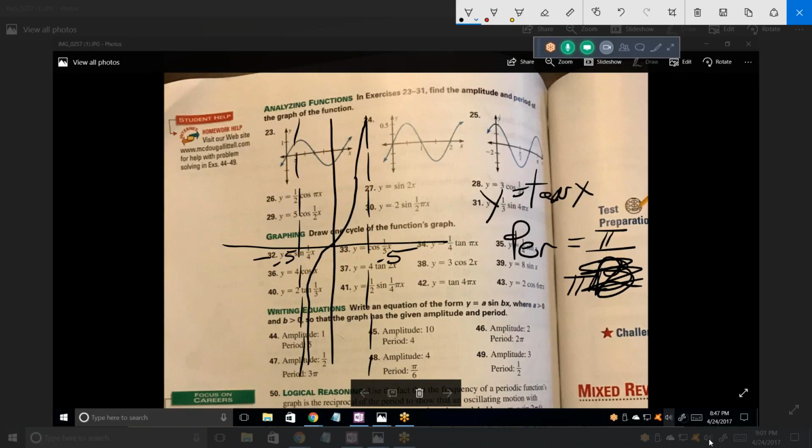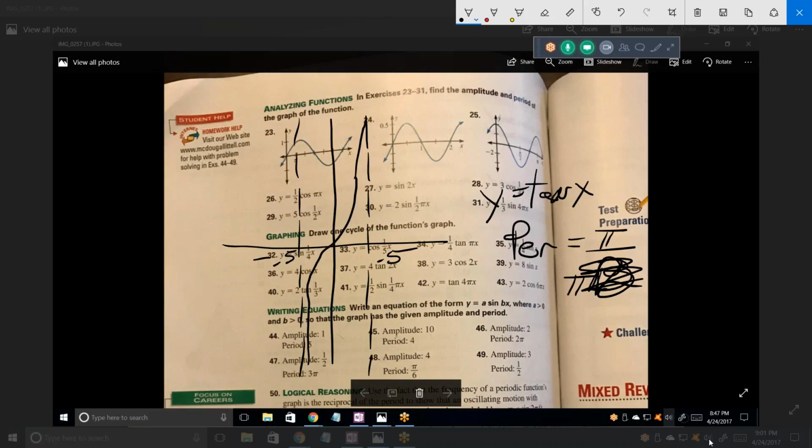Now, the amplitude of 1/4 is the same as a vertical shrink factor, correct? Yep. That's what A is. I don't know why they insist upon calling it different stuff, like amplitude. They should just stick with vertical stretch or vertical shrink factor.